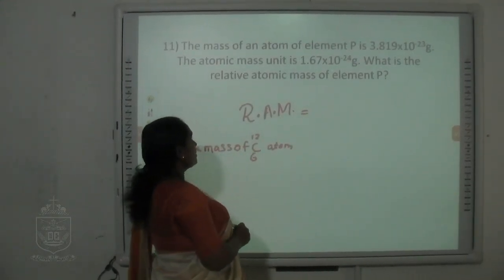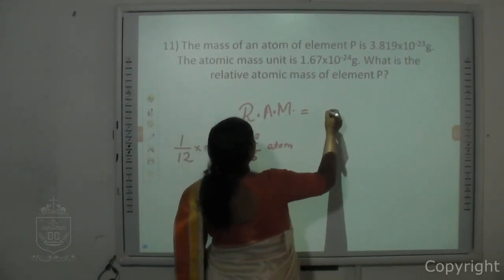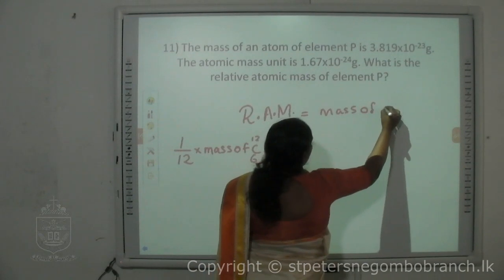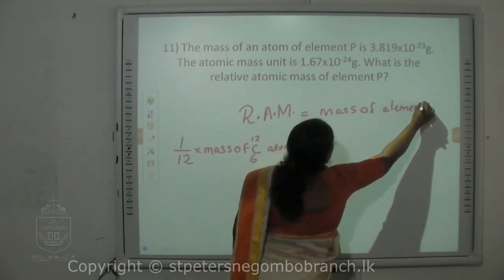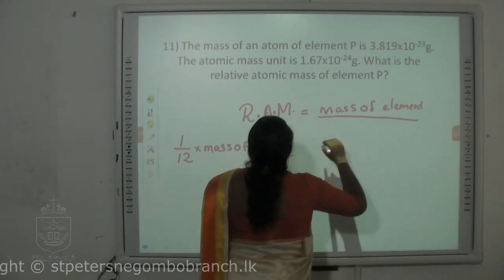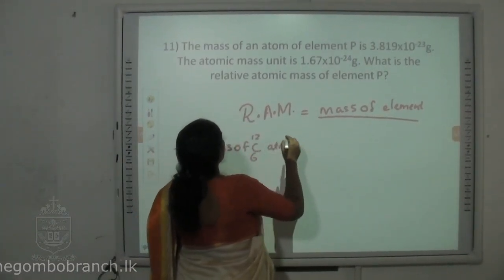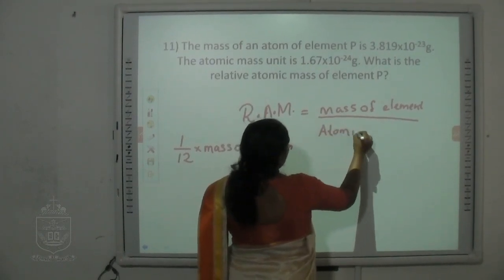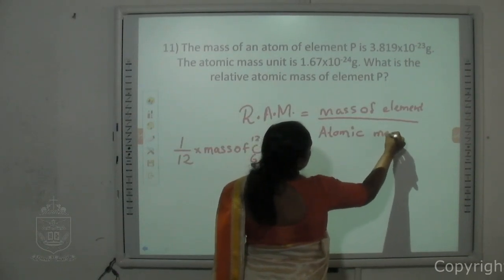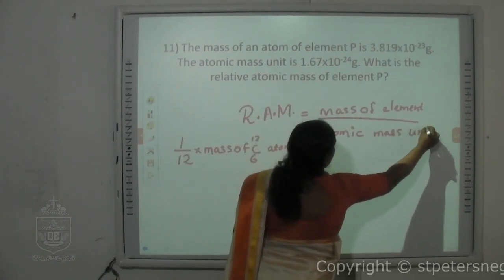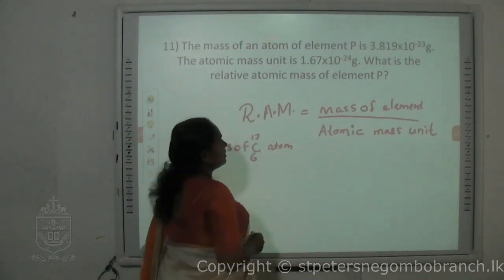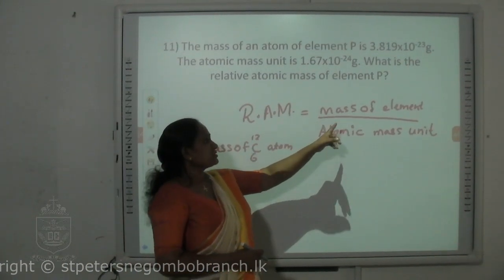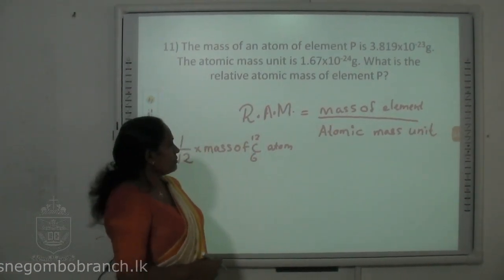So to get the relative atomic mass, we have to take the mass of the element divided by the atomic mass unit. Relative atomic mass is the mass of the element divided by the atomic mass unit.